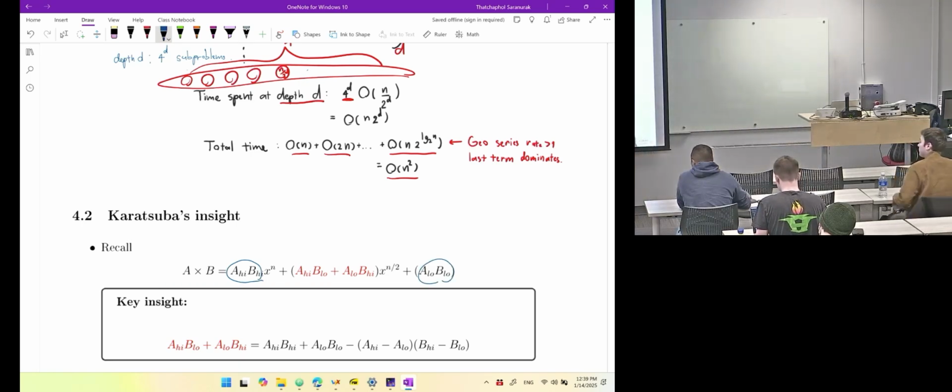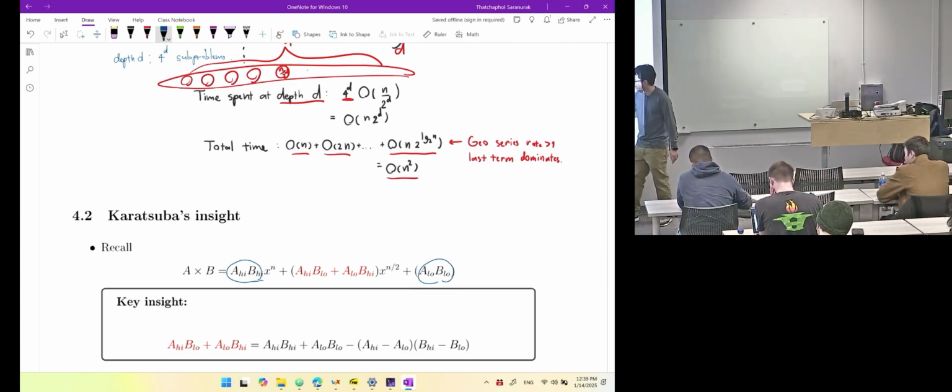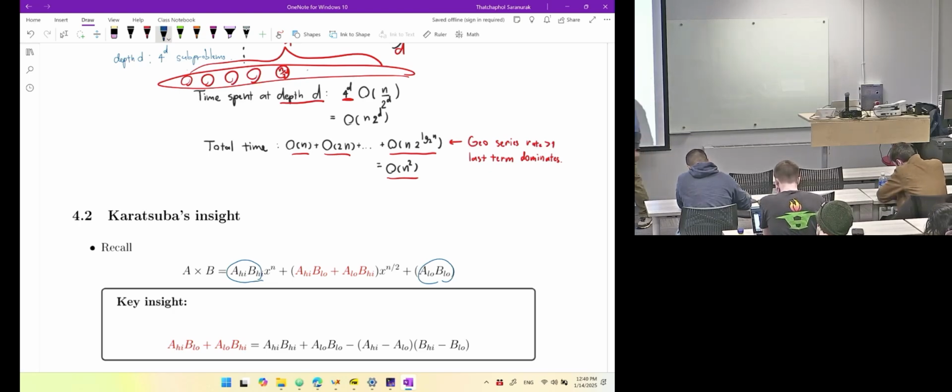Suppose you have computed these two already. Then you can reuse them here and just do one more multiplication. Instead of spending 2 multiplications, you just need to spend one more operation. So instead of 4, you spend just 3 multiplications to get every term. And this is the key insight.